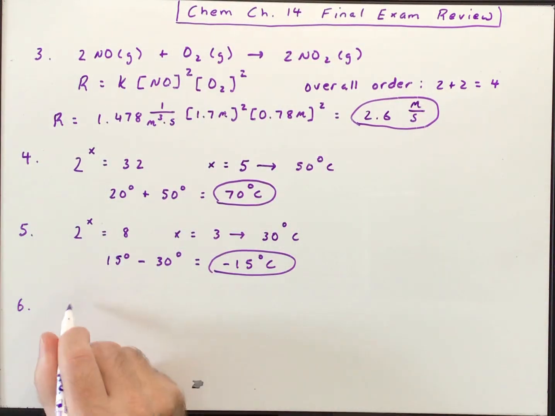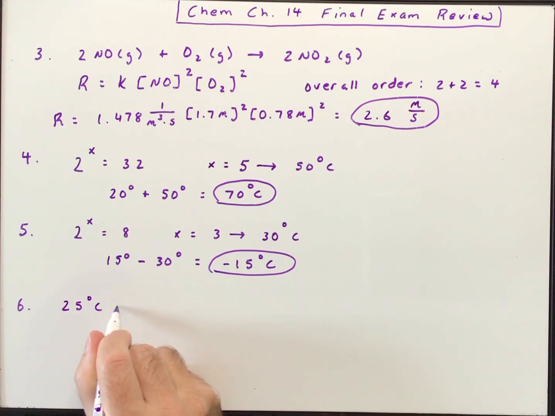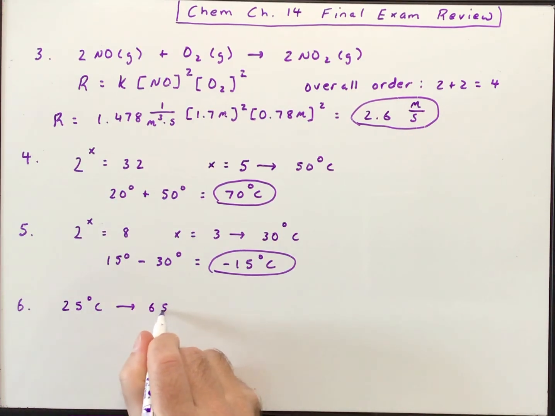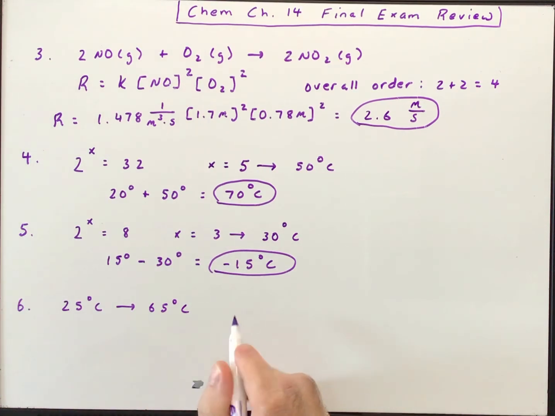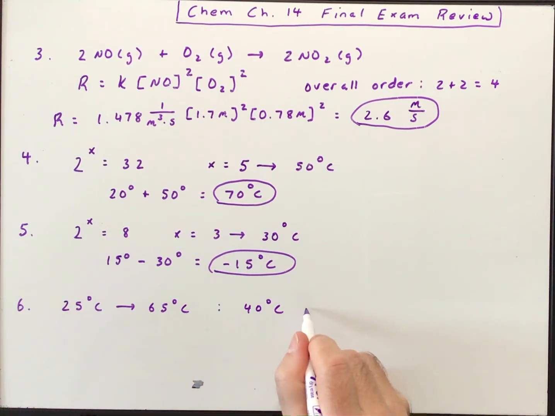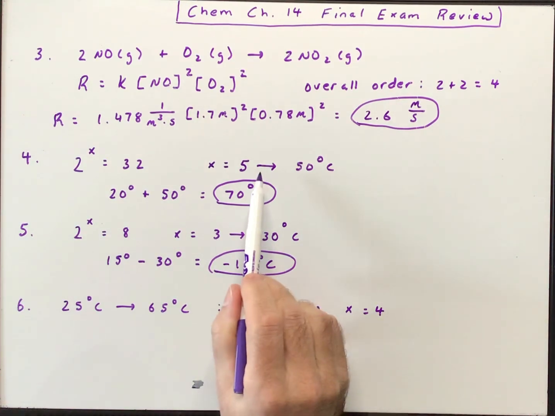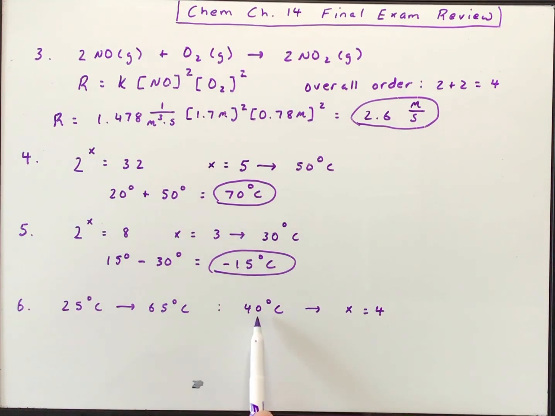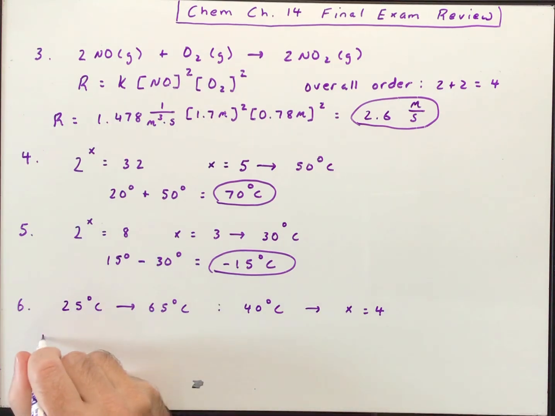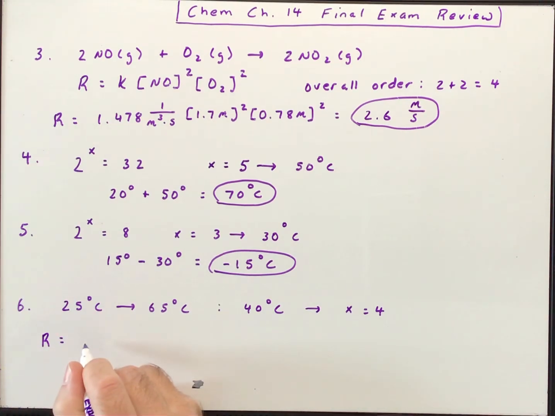So 25 degrees C, if you raise the temperature to 65 degrees C, that is a difference of 40 degrees C. That means our exponent, x, is equal to 4. So we're kind of thinking backwards from number 4 and 5. Remember, each 10 degrees stands for an exponent. So if you're going to be increasing, we multiply.